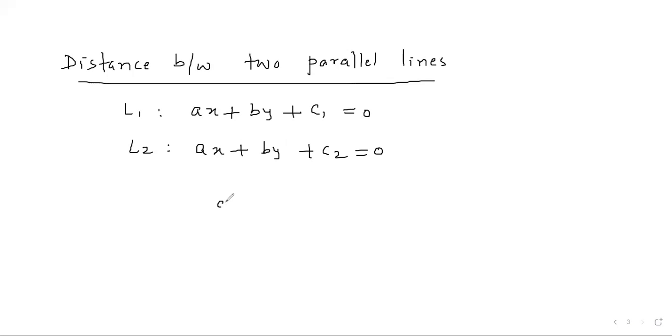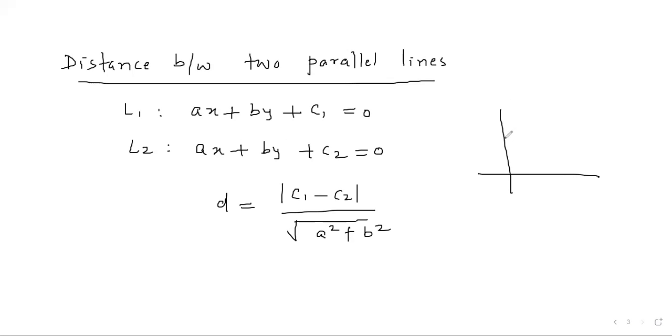Then the distance between them will be modulus of (c1 minus c2) divided by the square root of a square plus b square. Suppose this is the first line, this is the second line. So these two lines lie on the same side of the origin.